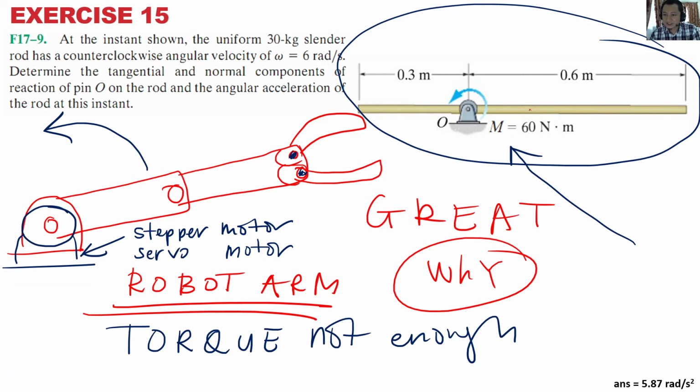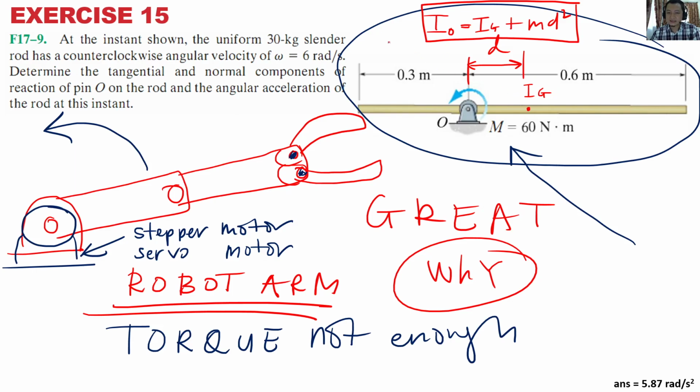Right. So this one, this is your IG, remember? Now you got to use parallel axis theorem and transfer the whole thing. This is your D. You got to get IO, which is equivalent to IG plus MD squared.